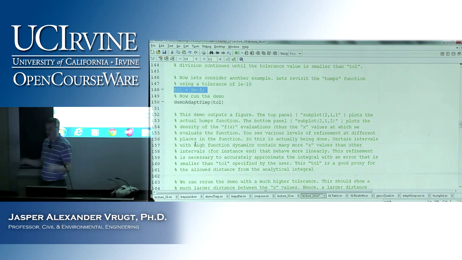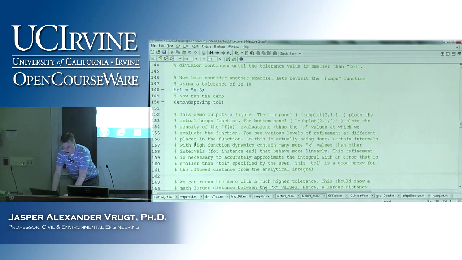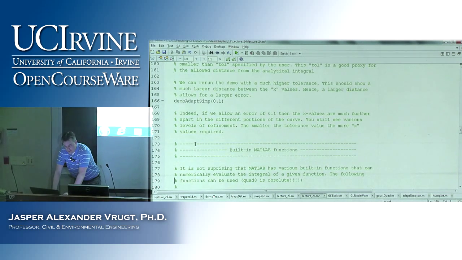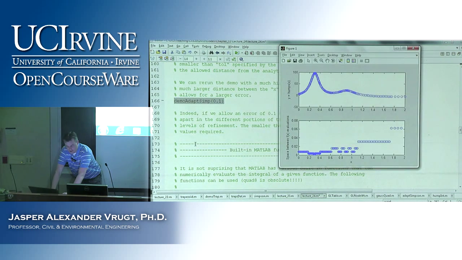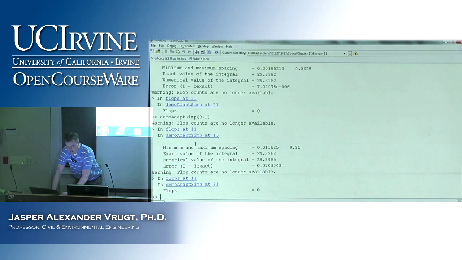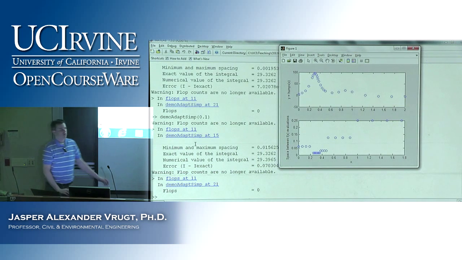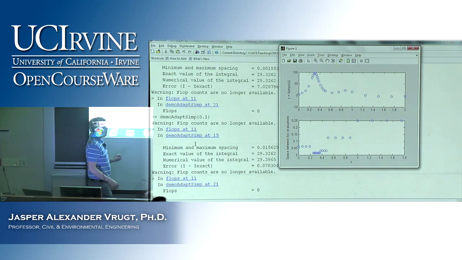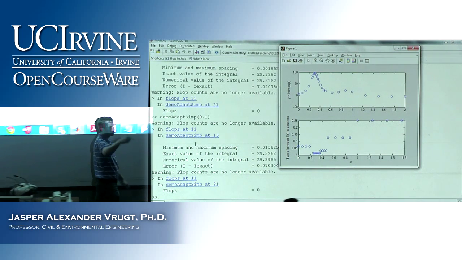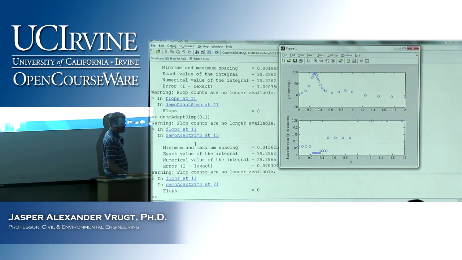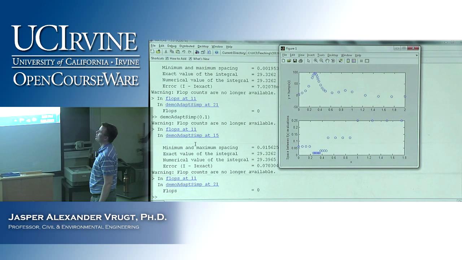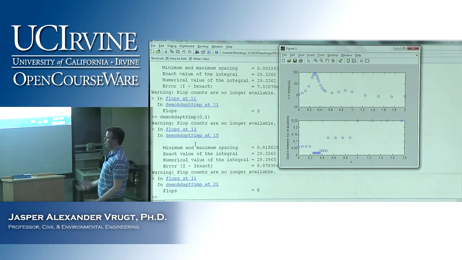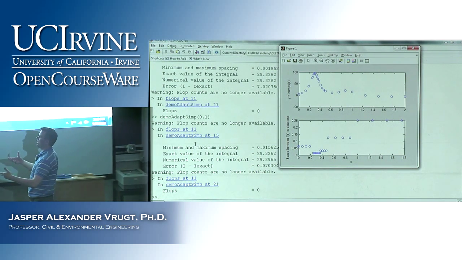And someone else will say, oh, that's way too large. Or someone else will say, oh, that's more than good enough. Here you can see, if I change that to a larger value, keep this in mind, what you see is this. Because now I used a tolerance of 0.1. So as soon as I increase the tolerance, the number of x values that are being used reduces heavily, because I'm okay with a larger error.